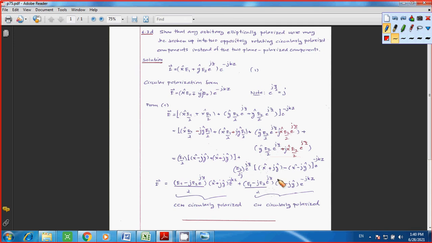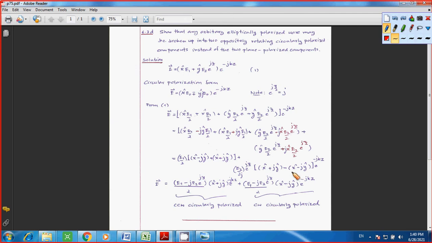And also for the x component, unit vector x, and for this term it turns out to be this term. You take a negative psi out, so you have only unit vector x minus j unit vector y and exponential negative jkz.